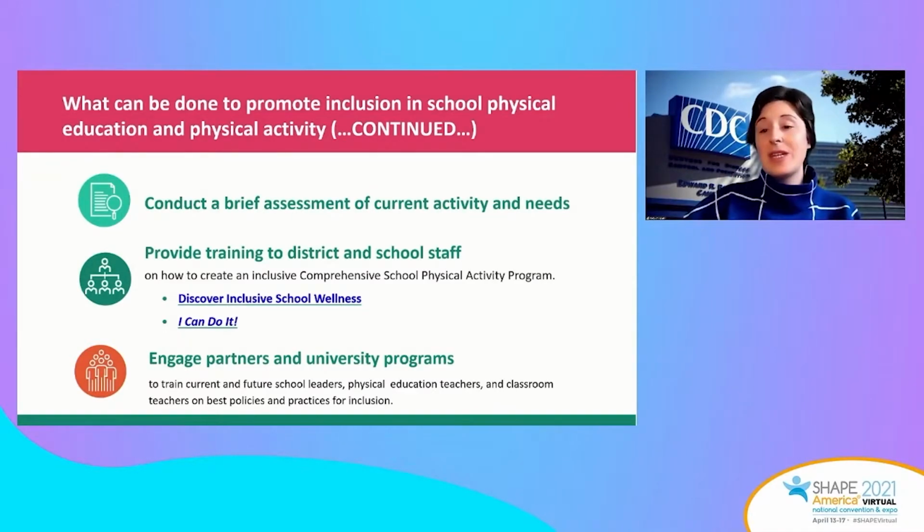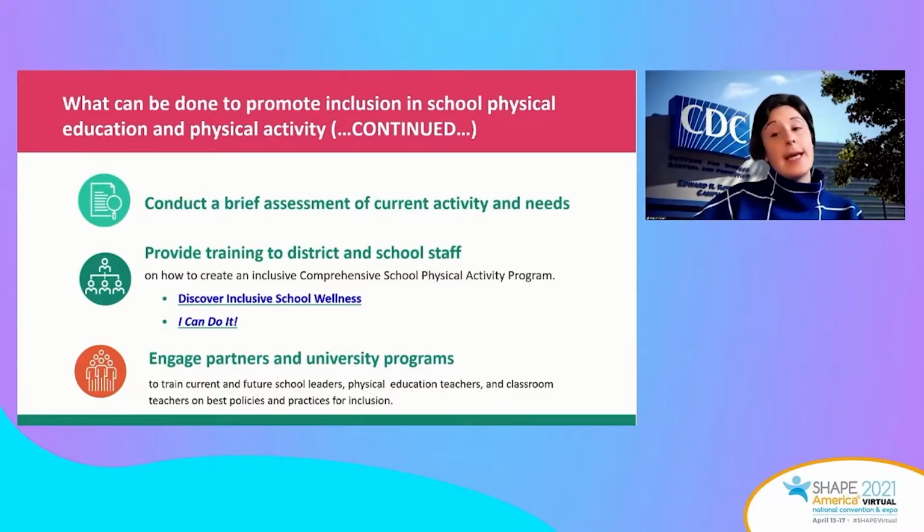Next, we can conduct a brief assessment of current activity and needs. This assessment should identify any current activities for inclusion at the state and district levels, like programmatic efforts, built environment improvements, funding, professional development, and any needs at the district and school levels for inclusion. The National Center on Health, Physical Activity, and Disability's Community Health Inclusion Index is an example of one of those assessment tools.